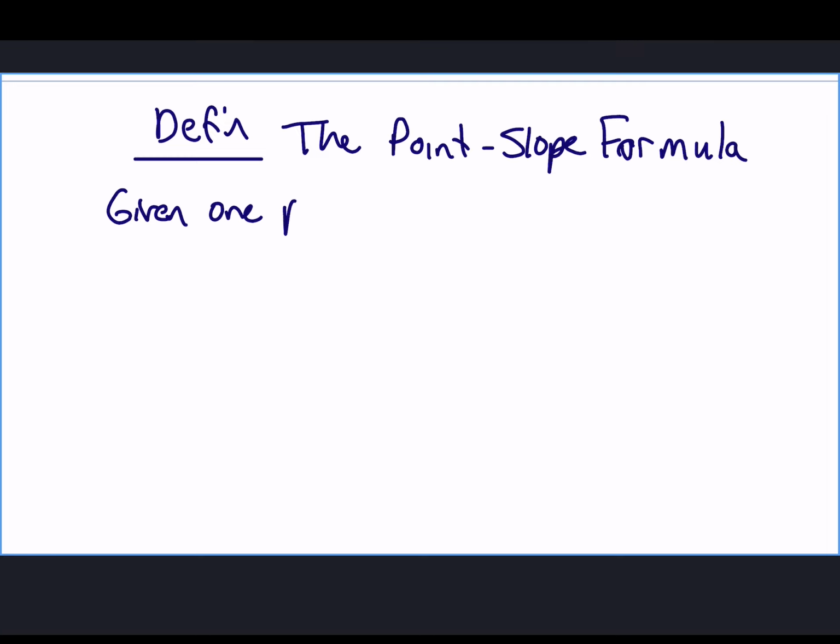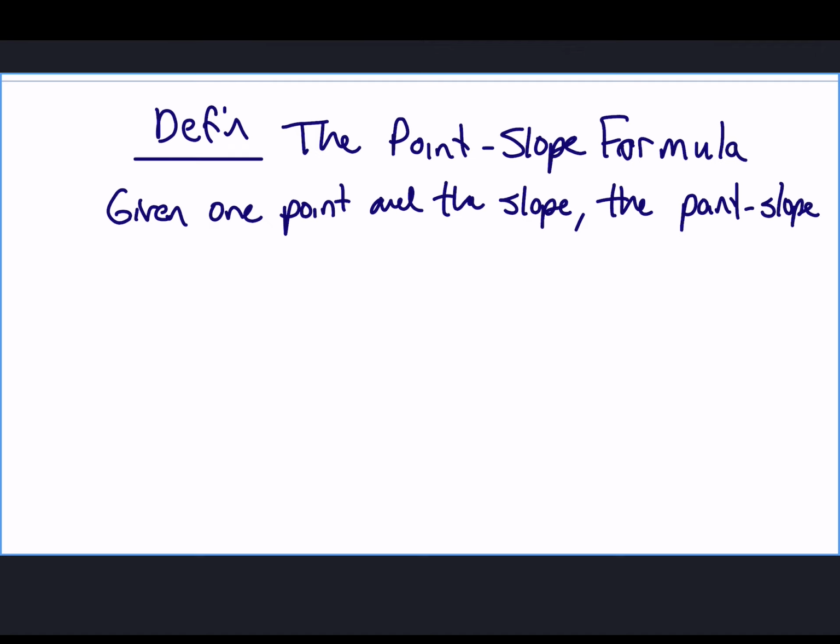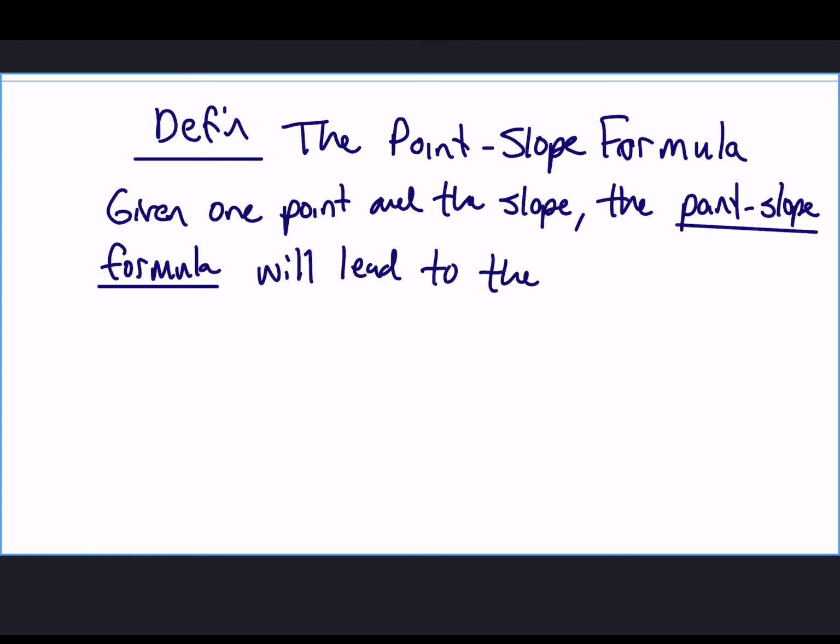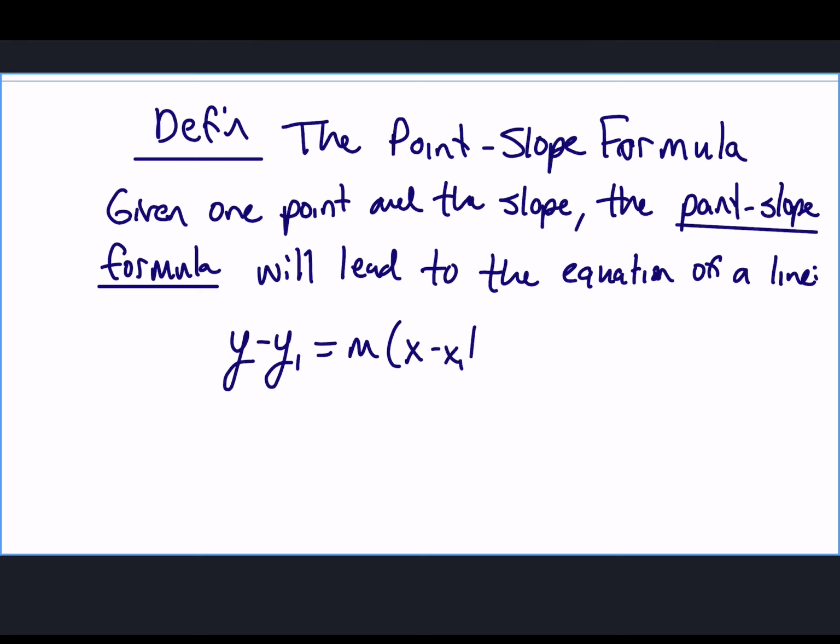So given one point and the slope, the point slope formula will lead to the equation of a line. y minus y1 equals m times x minus x1.